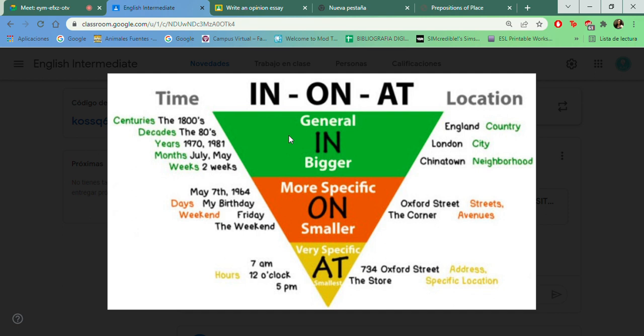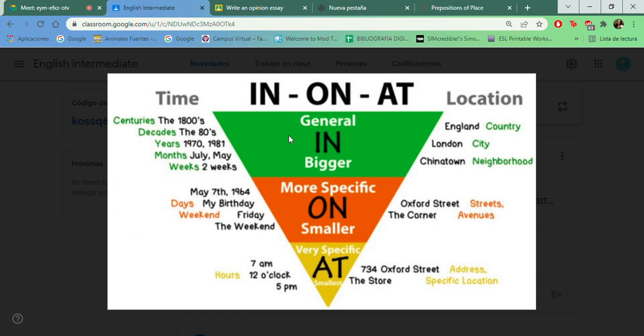And this happens as well with time. Let's see. We have time for centuries, decades, years, months. Remember, months go with capital letters, please. And weeks. Let's see some examples.